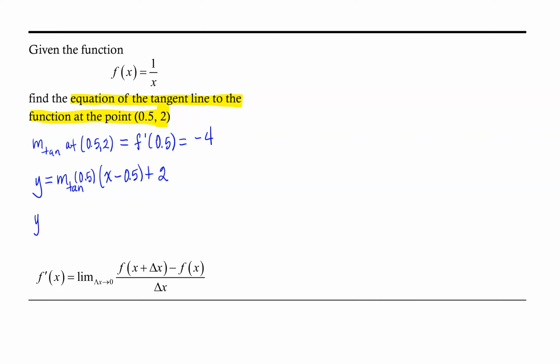In general, we could say that the tangent line is y equals the slope of the tangent line, which is f prime at x naught, at your known x value, times x minus x naught, plus y naught. So that's a general formula that is useful and you should know.